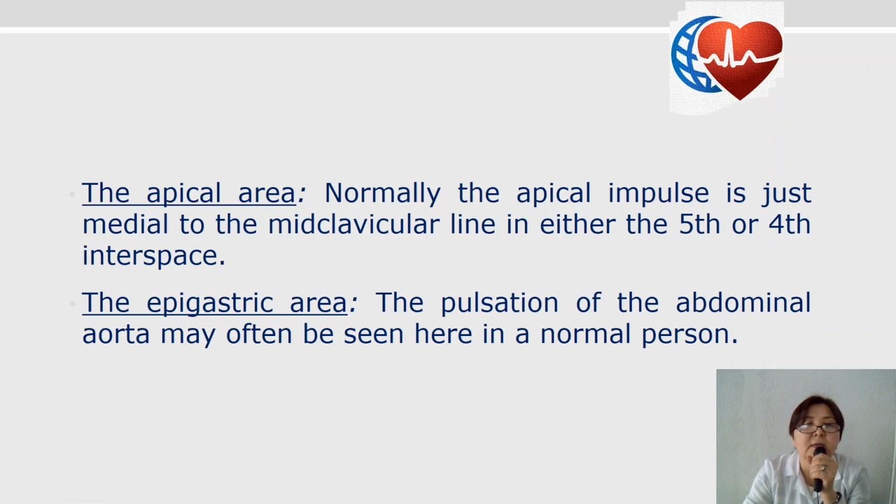The apical area, normally the apical impulse is just medial to the midclavicular line in either the fifth or fourth interspace. The epigastric area is the pulsation of the abdominal aorta, which may often be seen here in a normal person.